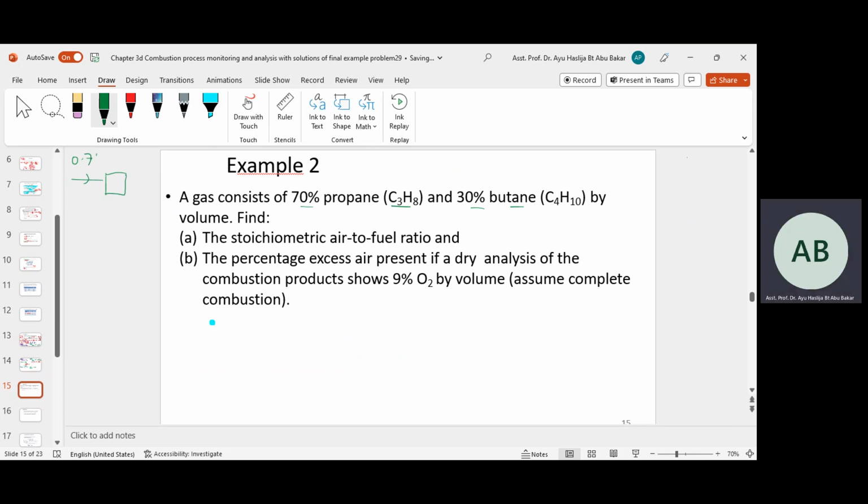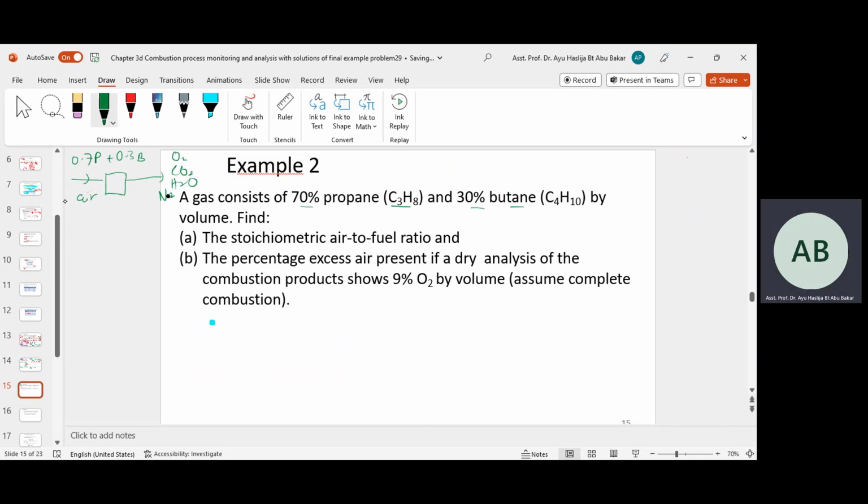So 0.7 propane plus 0.3 butane, that is your fuel. Okay, assume complete combustion. The question asks you to find the excess air. If you have excess air, you will have O2 in your product. Now for A, it asks you to find the stoichiometric air fuel ratio.